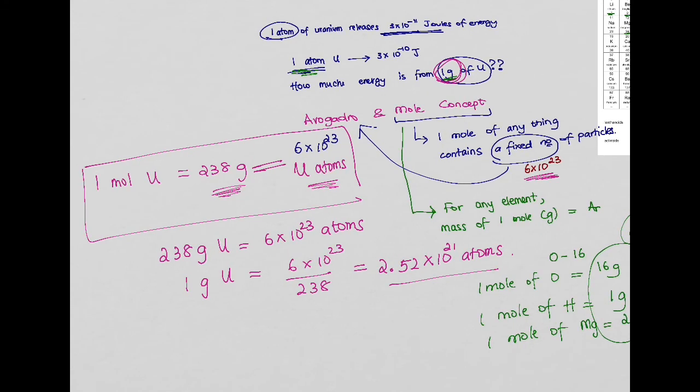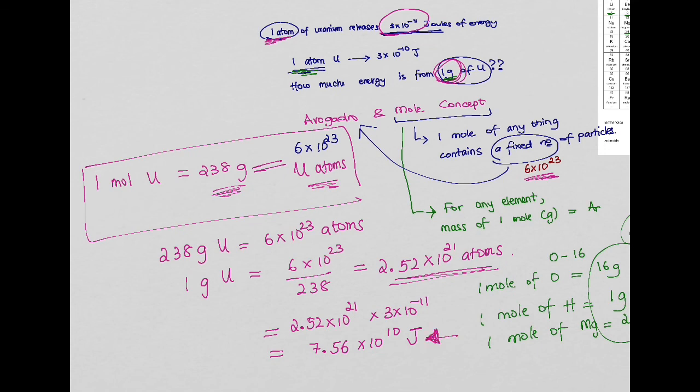Now 1 atom produces 3 times 10 to the power of minus 11 joules. So I have so many atoms, and how many joules will that produce? I'm going to multiply by 3 times 10 to the power of minus 11. This gives about 75 billion joules of energy, which is huge.